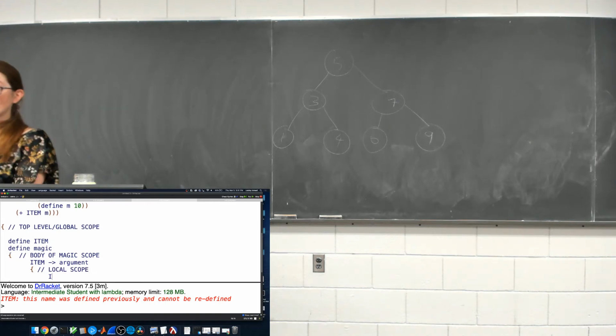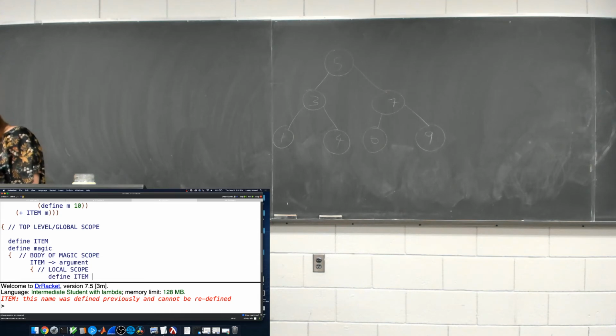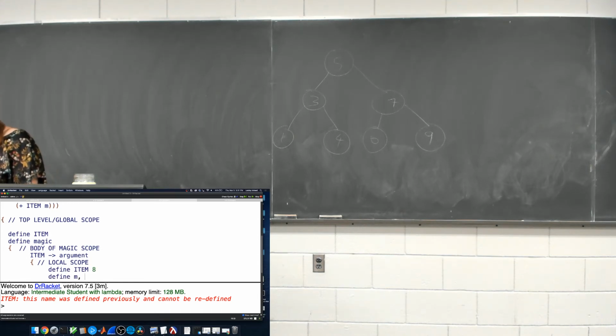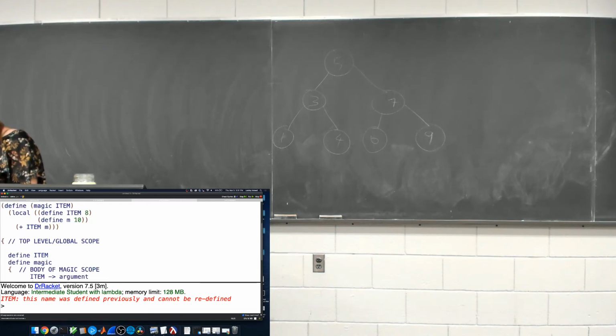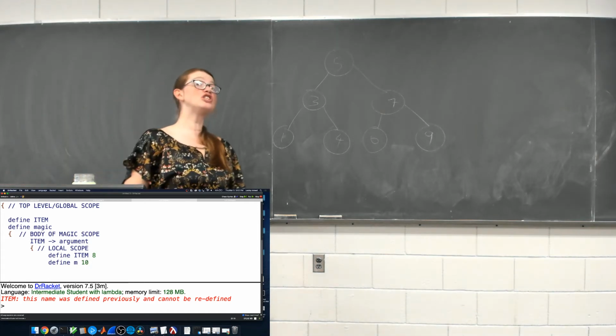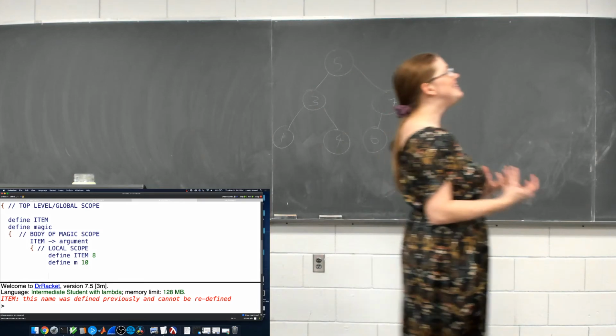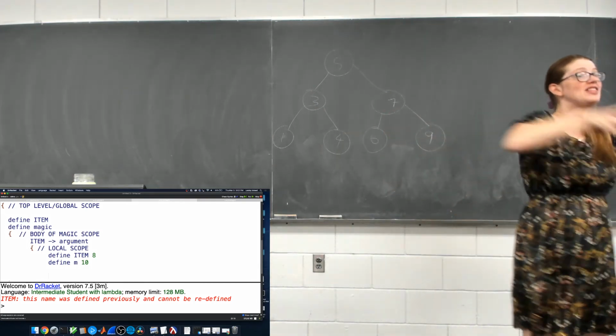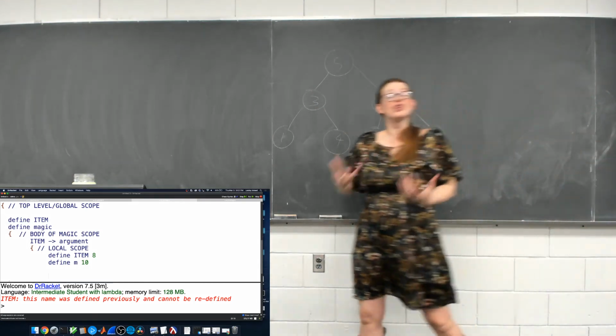And inside there, we've defined item to be 8. And we also have defined m to be something, say, 10. And then that body expression for the local exists, that's the local scope. That's what we do within the local scope.